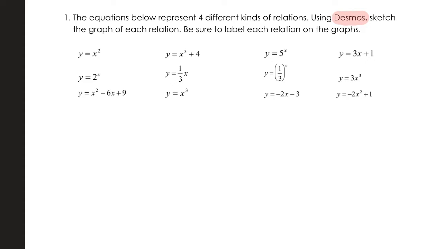Now, I'm going to argue that for the purpose of what we're doing right now, we don't need to sketch the graph of each relation. You may choose to, and what you see on the bottom half of your page are sets of axes that break up those different relations into 4 categories. I'm going to suggest that we use Desmos, because Desmos is going to save us a ton of time.